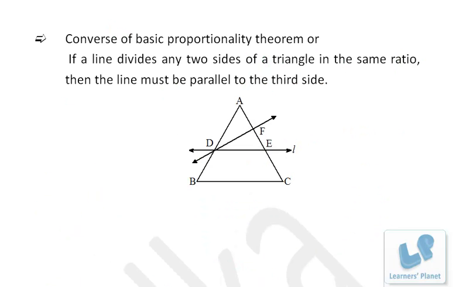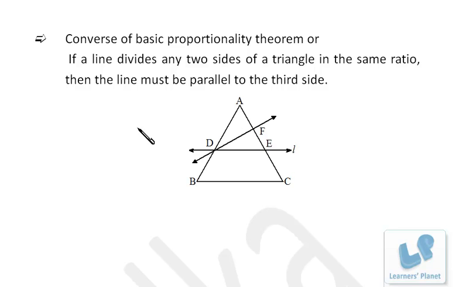Now friends, similarly we can discuss another theorem, that is the converse of BPT, the basic proportionality theorem. If a line divides any two sides of a triangle in the same ratio, then the line must be parallel to the third side. Now what is happening over here? I have a triangle ABC and line DE that is dividing the sides in the same ratio, that is AD by DB is equal to AE by EC, that is given, right?